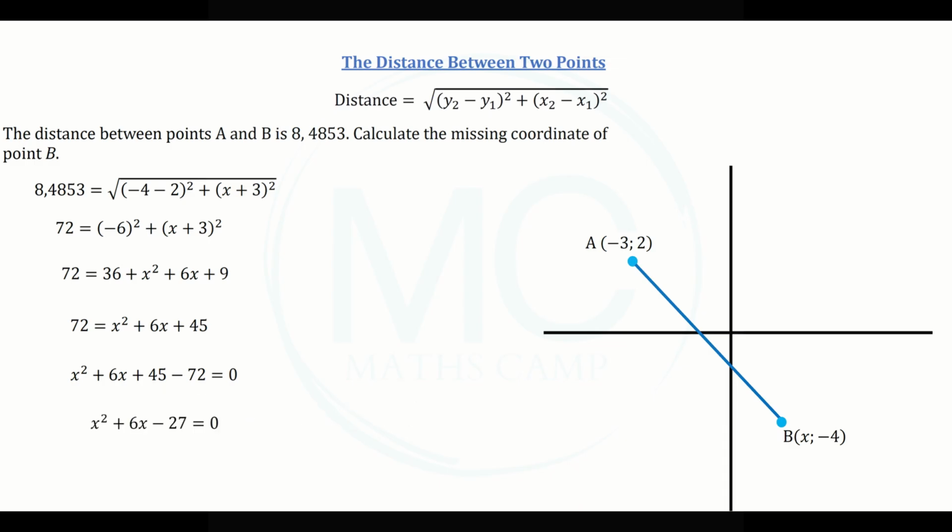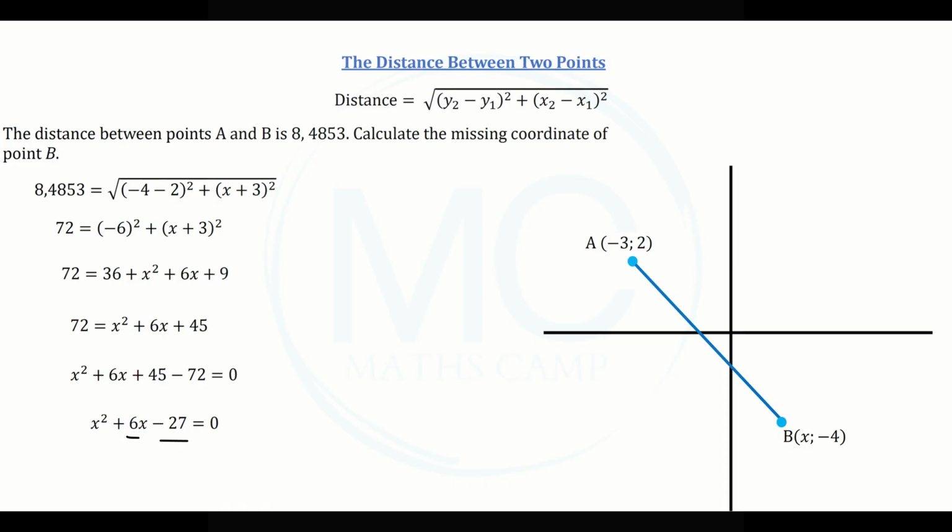Now we can factorize this into two brackets. Our constant is negative 27, so one factor will be negative. The coefficient of x is positive 6, so the smaller factor will be negative. Negative 3 and positive 9 are factors of negative 27, and when added together, they give us positive 6.